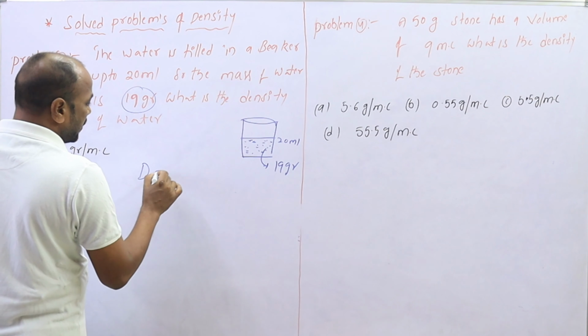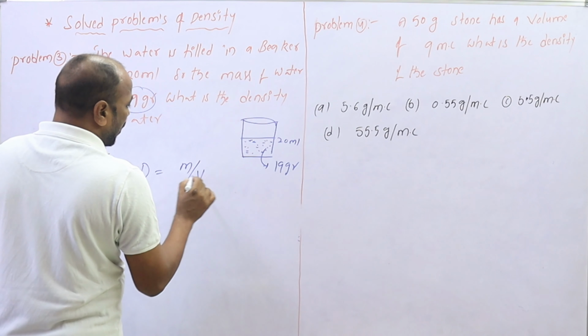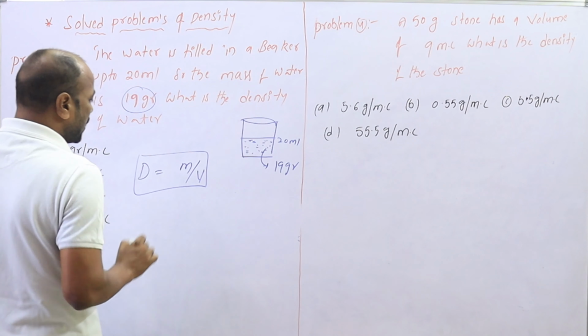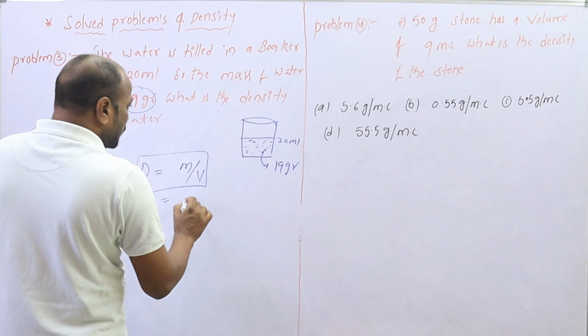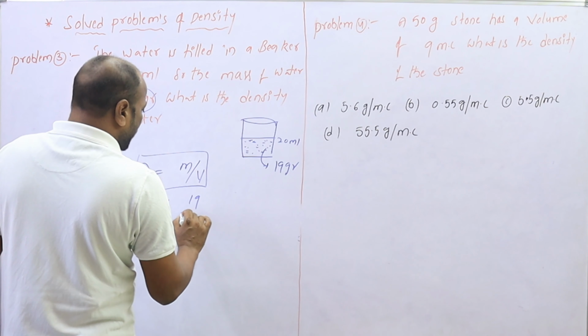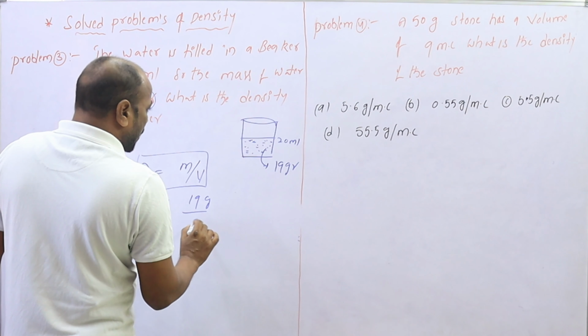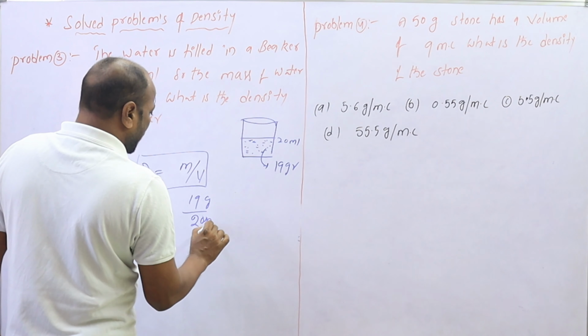So density is equal to mass by volume, the formula of density. Here the mass is 19 grams and the volume is 20 ml.